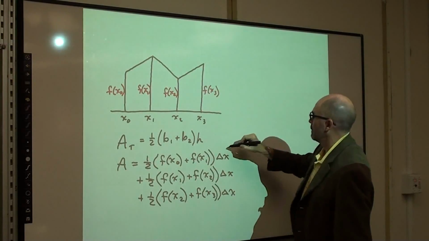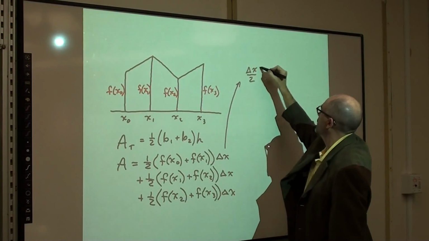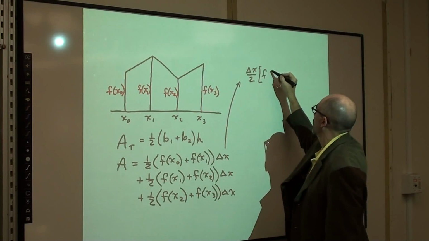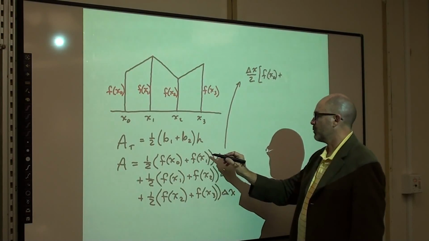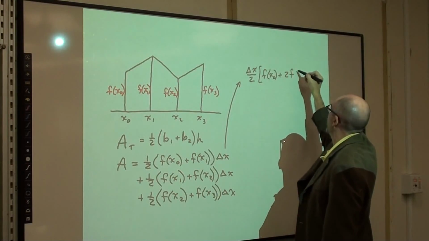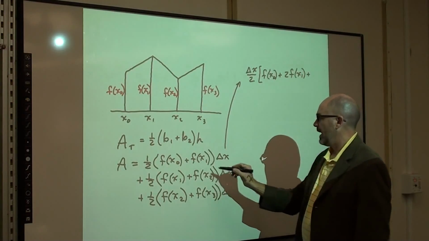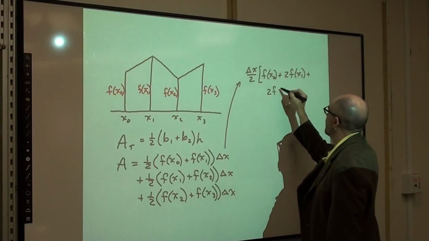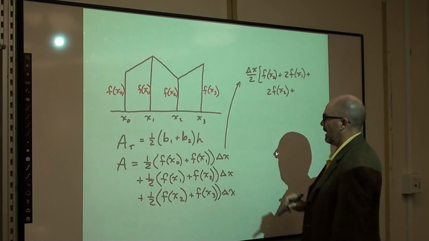So I can put this as delta x over 2 times f of x sub 0 plus f of x sub 1 plus another f of x sub 1, so that's 2 f of x sub 1, plus f of x sub 2 plus another f of x sub 2, so that's plus 2 f of x sub 2, plus f of x sub 3.